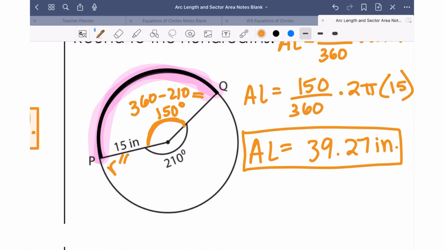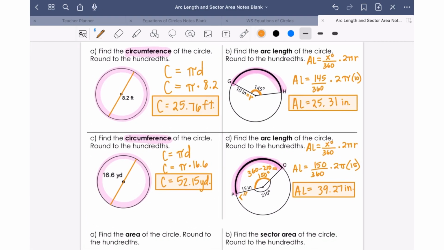All right, so that is arc length for you, and circumference. The difference, remember, is that for circumference, you're finding the length of the entire circle, the distance, and for arc length, we're finding a portion of that circumference. And we have to use our degrees.